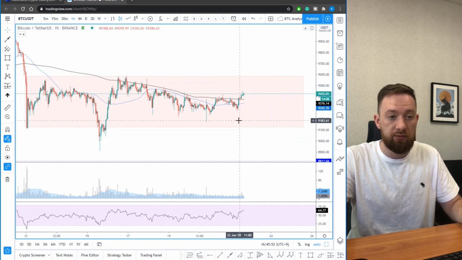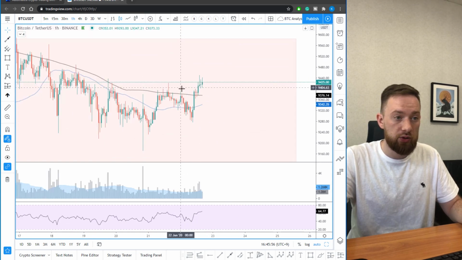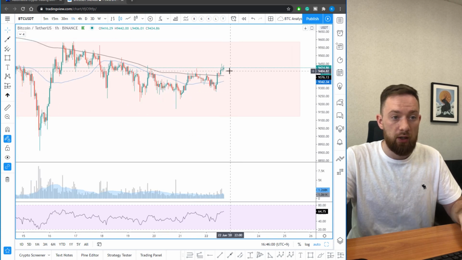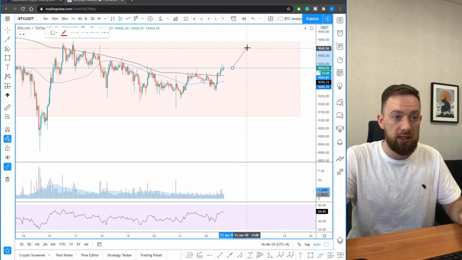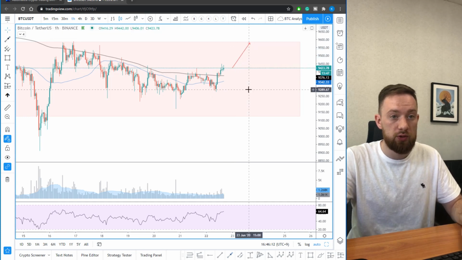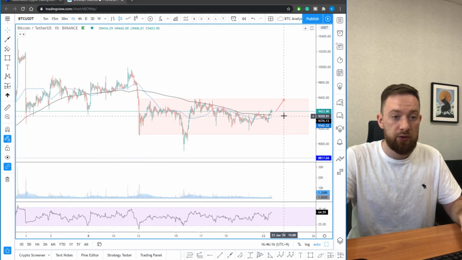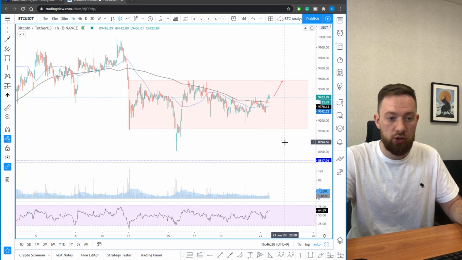On the hourly time frame, we broke above the 200 MA, which is quite a good and positive sign for the short-term price movement. We need to see some retracement back to it, or at least the price to stay in the horizontal level for some time, and then we might see another upward move towards the top of that channel, so at least 9,500. So there might be nice short-term potential for a long position.